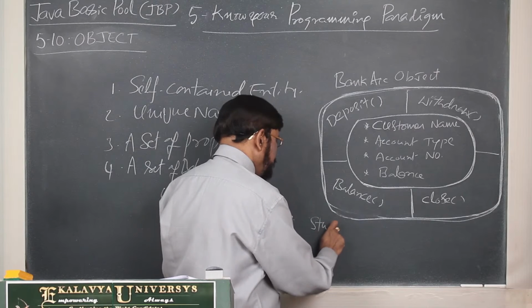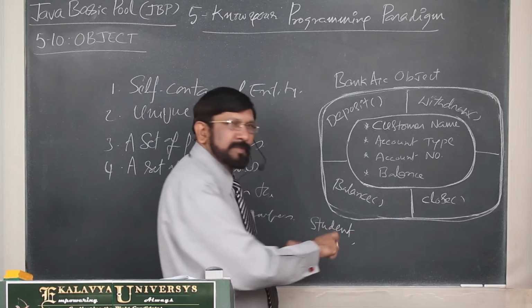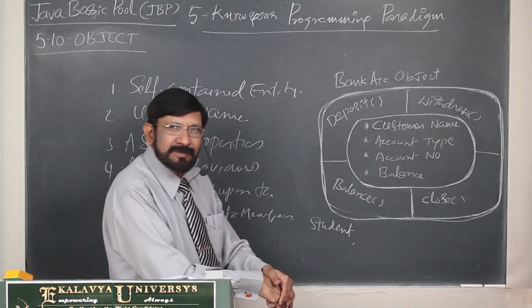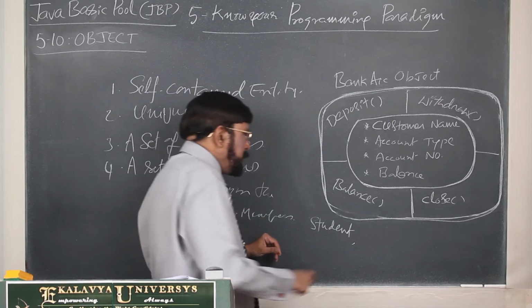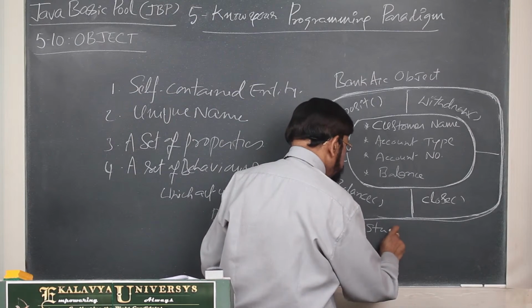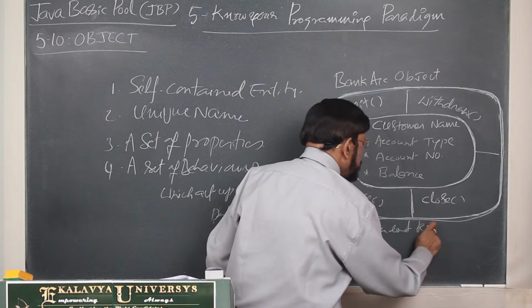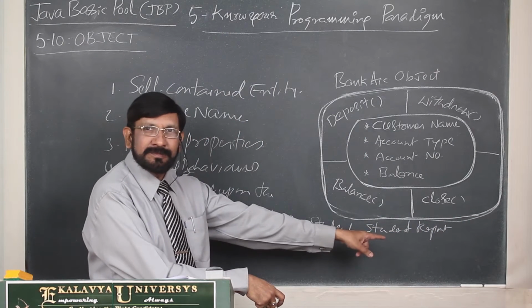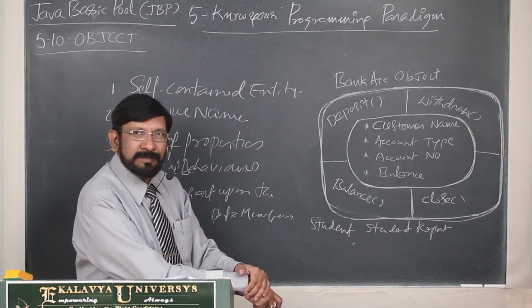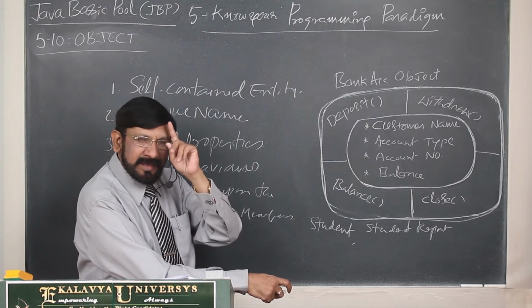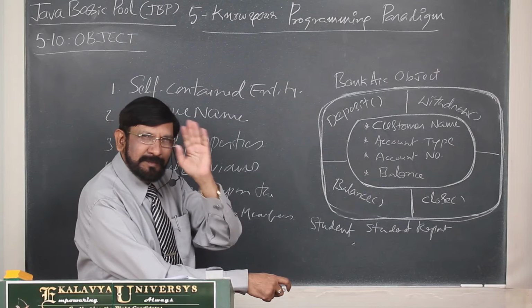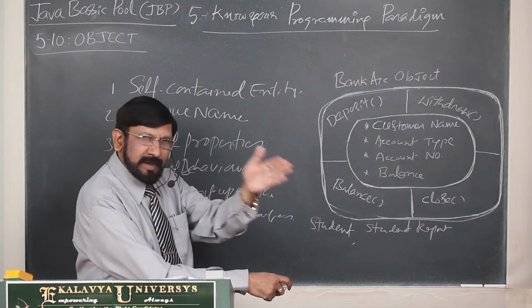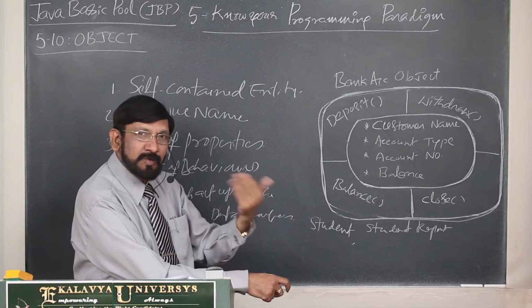So you must be convinced in such fashion. Now I think if I call a student an object, your brain accepts it. You are convinced. You have no objection. But you must be in a position to understand student report also. Student report is also an object. Then you will become a programmer. Then you can own the concept. Otherwise, some obstruction, some doubt always creates a bottleneck for owning the concept.